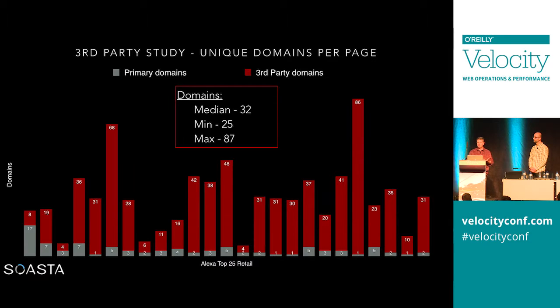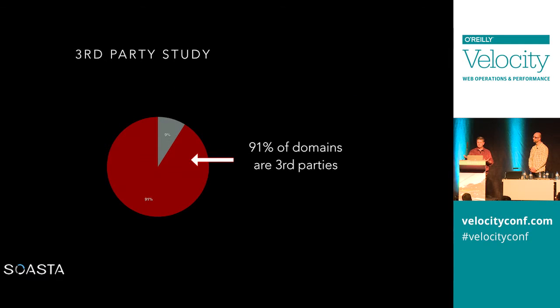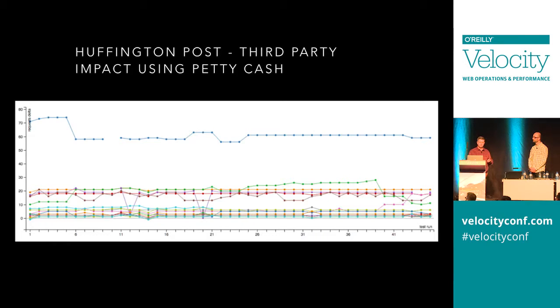So what's even more astonishing, if we pull out a specific example here, one of the top 5 retailers in that study, 91% of the domains that they were calling were from third parties, and this was basically for 68 total domains on their site. So clearly, third party is a pervasive issue, and clearly there's a lot that we need to understand and monitor there. This part of the data was synthetic data from WebPageTest, and then we had this that Mike Adler presented at New York, right?